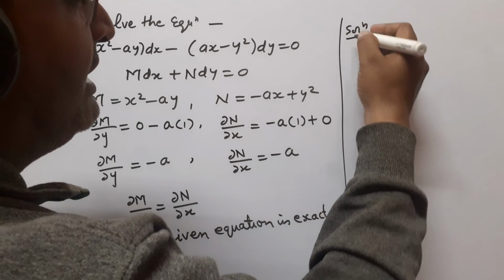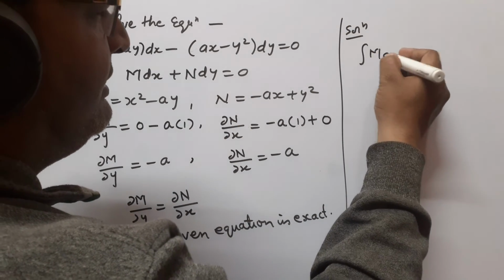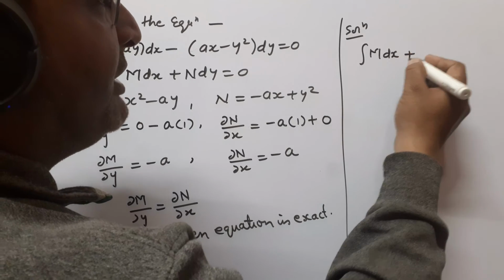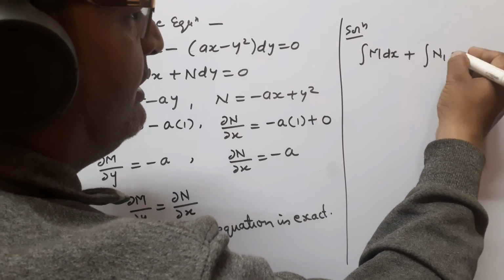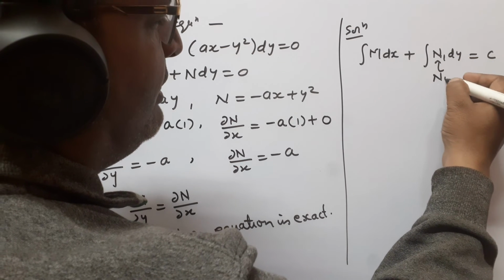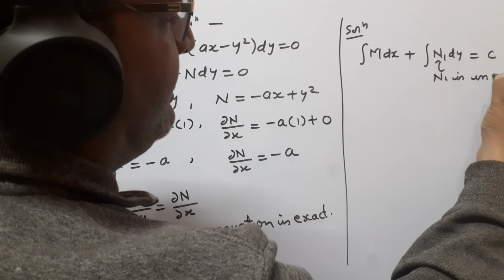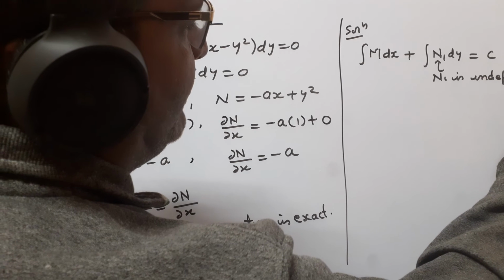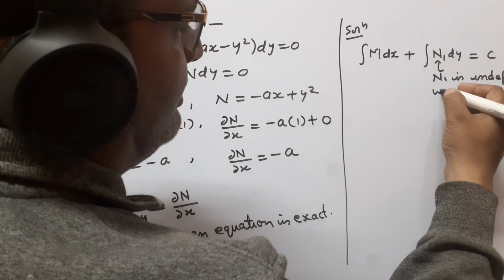So the solution can be obtained by integrating M with respect to x plus the integral of N1 dy is equal to c, where N1 is independent of x.